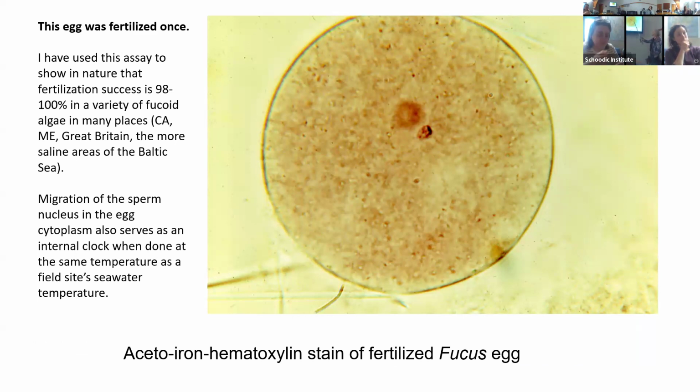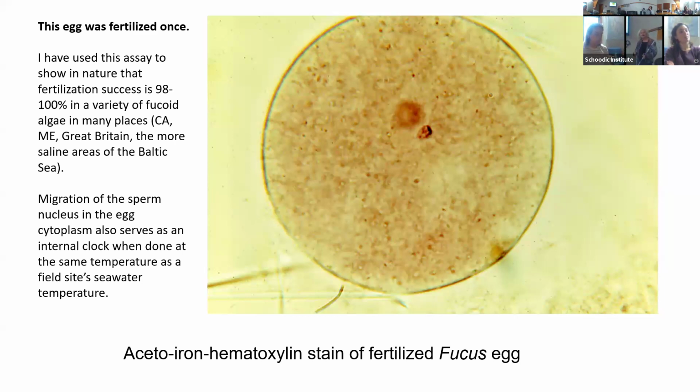Now there are lots of interesting things about this. First of all, when we collect materials in the sea and we fix and stain them, we can absolutely tell whether fertilization has occurred because we're seeing the sperm nucleus. We can also tell whether only one sperm fertilized or more than one sperm, which is important, we shall see.